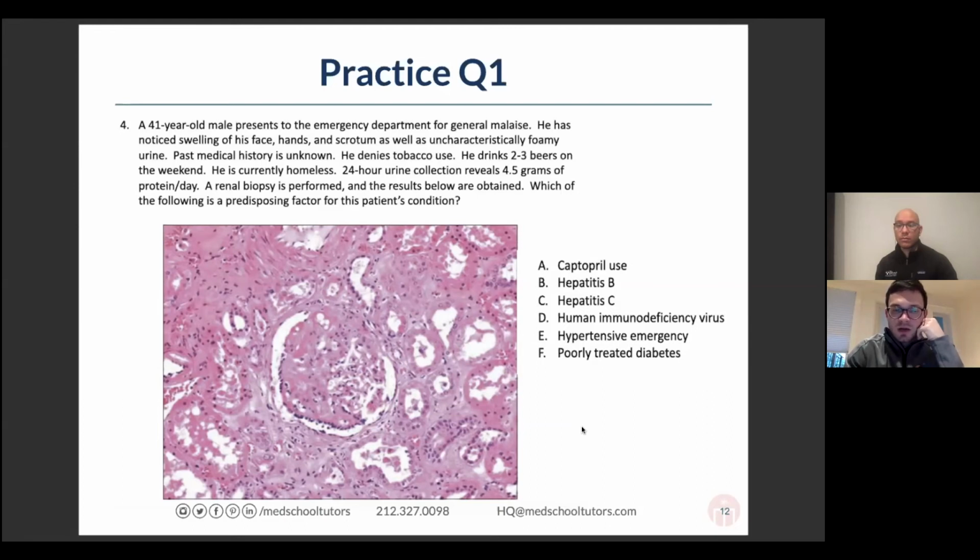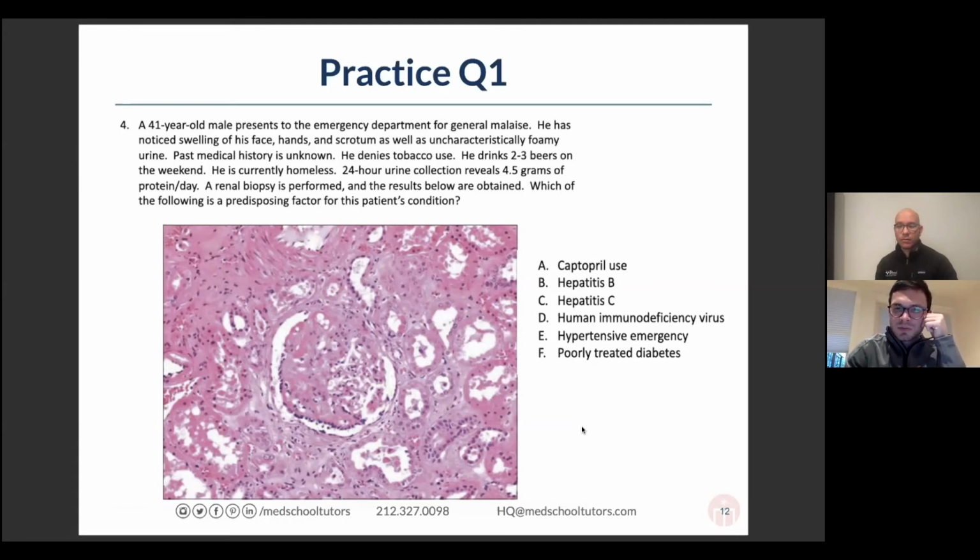The next thing I would do is I'd be like, okay, crap, I'm in this position where I actually have to use the image. And I'd be looking at this and I'd be like, I remember from Step 1, diabetes causes that big pink thing in the middle of the glomerulus, and I don't see that. So the Kimmelstiel-Wilson nodule, I don't see that in this renal biopsy, so I feel good about eliminating that answer choice. I've already said E doesn't make sense. A, I don't have a great reason.